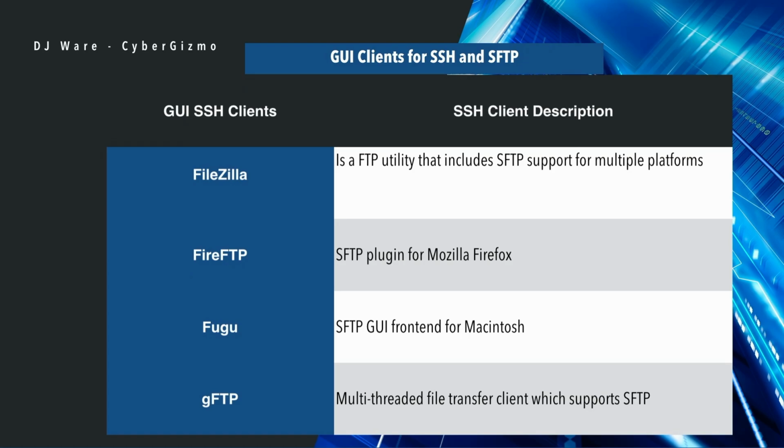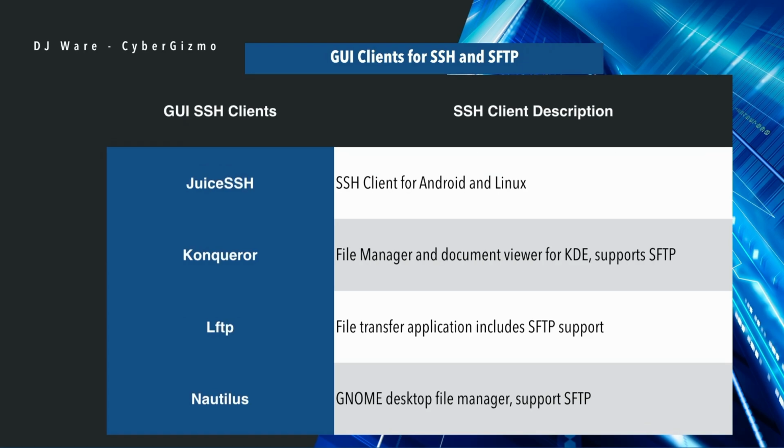Fugu is an SFTP GUI frontend for the Mac. There's also gFTP, which is a multi-threaded file transfer client, which supports SFTP. There's also JuiceSSH. Now that is an SSH client for Android. Konqueror is also a file manager and a document viewer for KDE. It also supports SFTP.